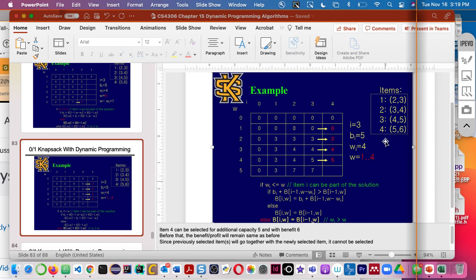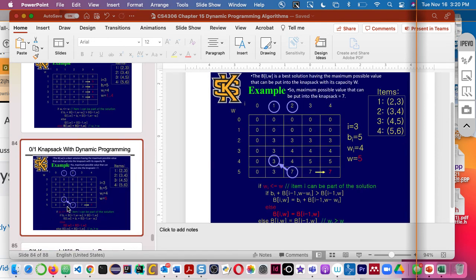If I select item 4 only, then it will reach its maximum capacity 5, and profit will be 7, right? On the other hand, I already have items 1 and 2 selected with benefit 7, more than 5. So I should not go this way. The algorithm will not take this, since we are taking the maximum value. So this 7 will remain as is.